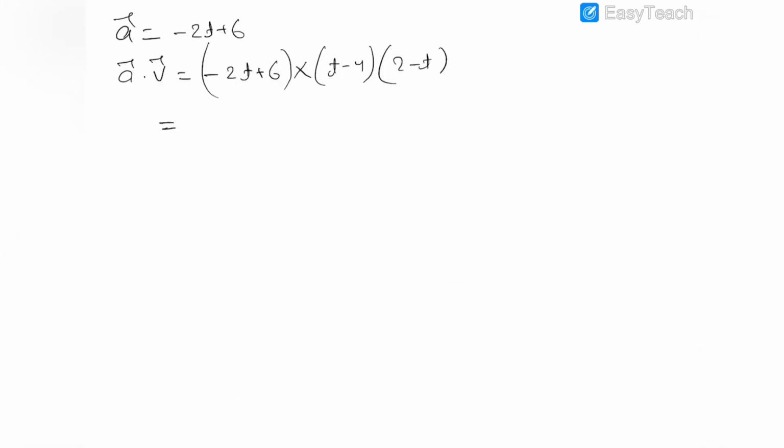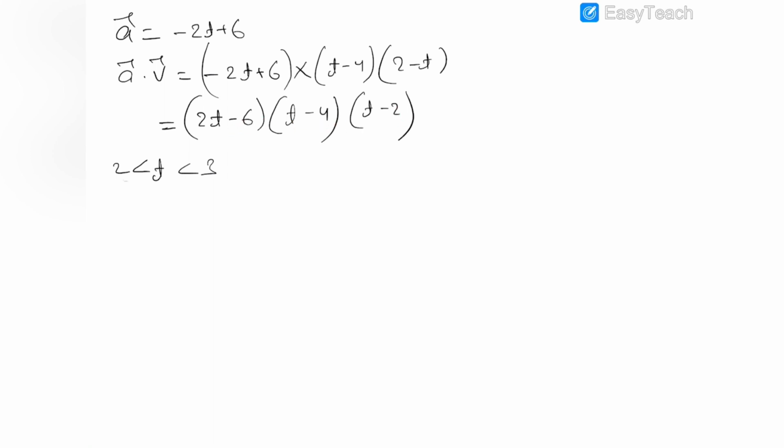So you can again write it as 2t minus 6 into t minus 4 into t minus 2. Okay, now let us write down the time periods. This term is 0 at 3 seconds, 4 seconds and 2 seconds.